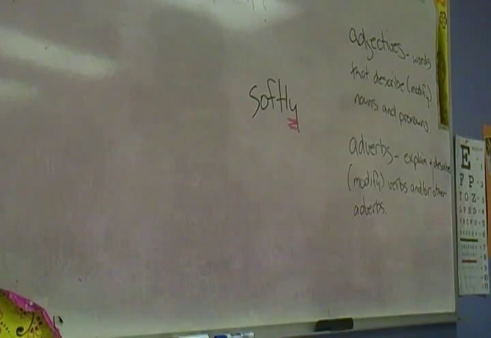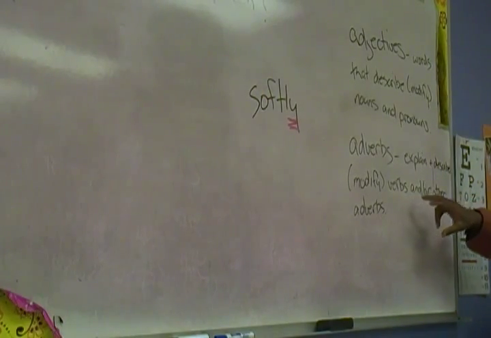Raymond draws well. So well is the adverb. It's telling you how he draws. If I say Raymond draws very well, now that very is working on well. How well does he draw? Very well. All right. So we see that it modifies verbs and or other adverbs.